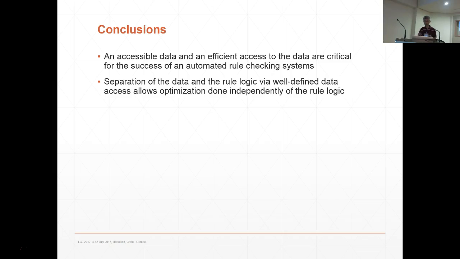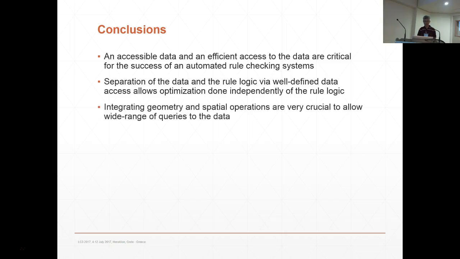In this case, we use an RDBMS, allowing us to do optimizations of the data, doing indexing, all those things separate from the logic. Integration of geometry and spatial is very, very critical. A lot of times it doesn't receive due attention. A lot of research has been done on how to make a computable form of rules, but very little has been done in the area of data.